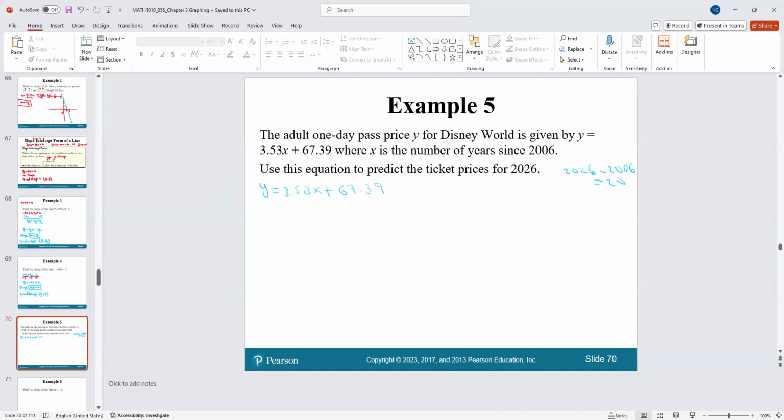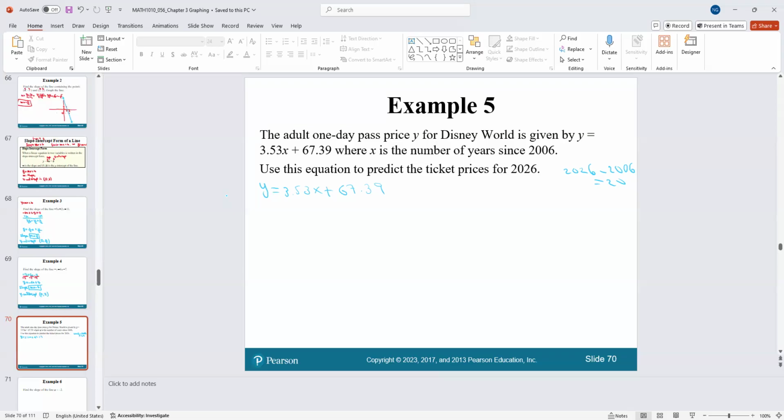The other one day pass price Y for Disney World is given by this equation. To predict the price of a pass in 2026, we need to find Y when X is... no, when X is 20, sorry, because 2026 minus 2006 gave us 20.